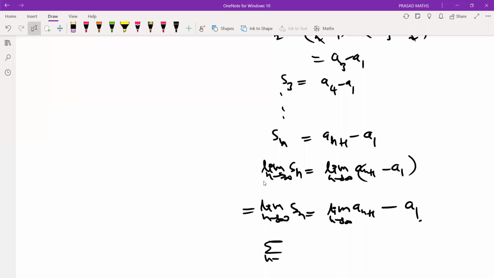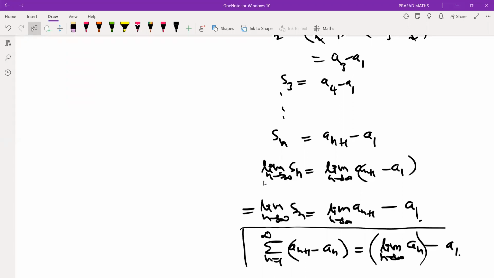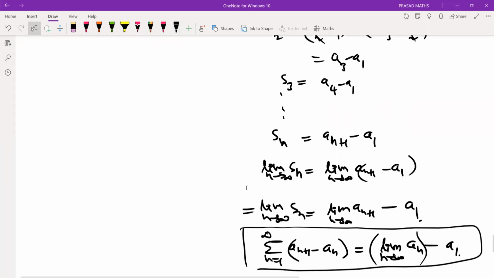The value of a telescopic sum series is exactly the limit of the sequence an minus a1. So this is the shortcut.